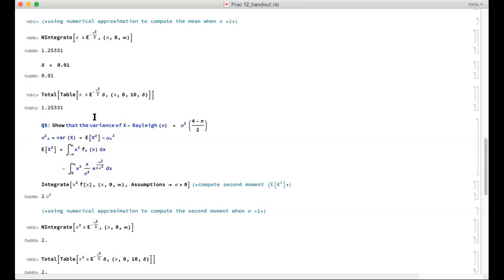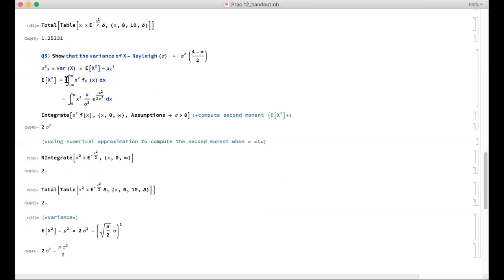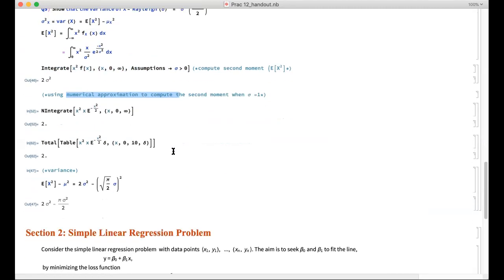Okay. Moving on to the next question, so that's question 5. Again, you can check your working. This is the working of checking the second moment using the Integrate function from Mathematica, which also gives me 2 sigma squared. And then you can also compute this using numerical approximation for the integration using NIntegrate.